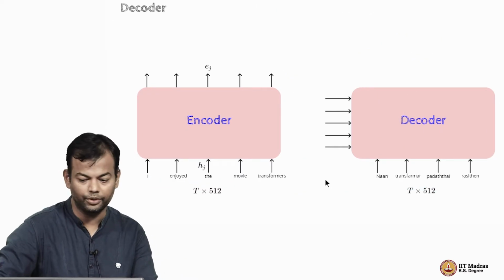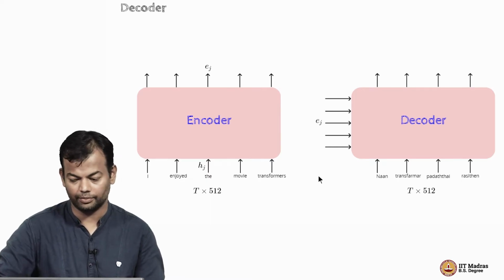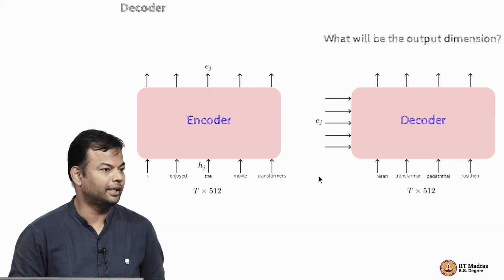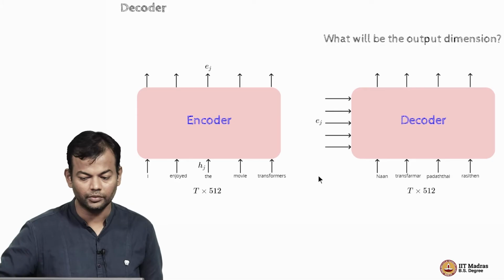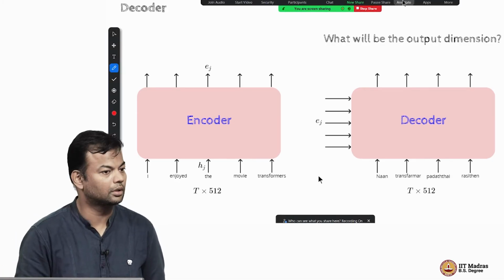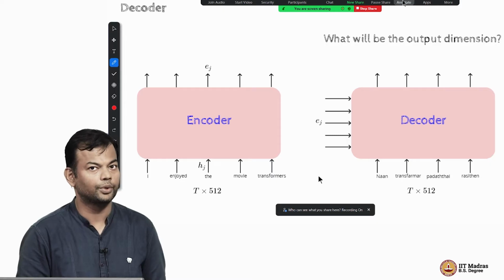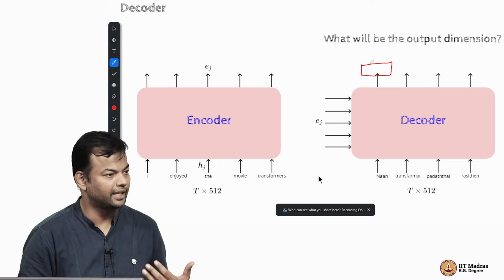This is what I was explaining. It will have its own inputs, it will also have inputs from the encoder, and then it will produce its output. What will it produce at the output? Can you tell me? When I say output, what do I mean?